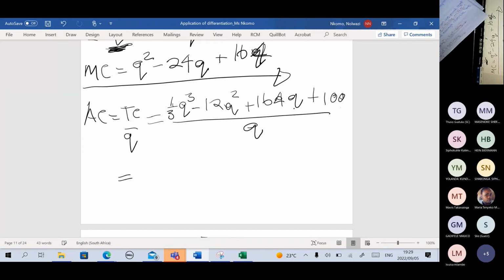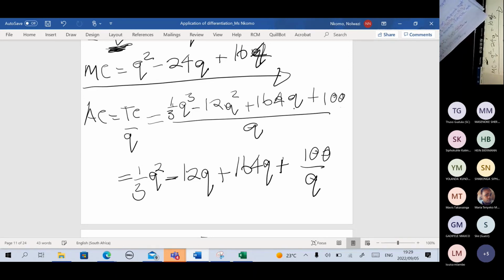If we divide this by Q, we should have 1/3 Q squared minus 12Q plus 164 plus 100/Q. This is our average cost.